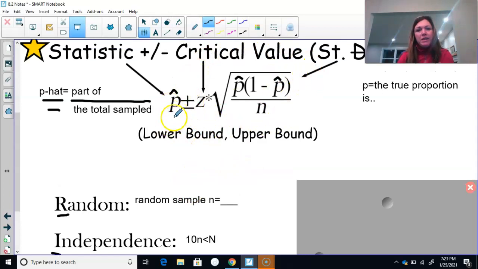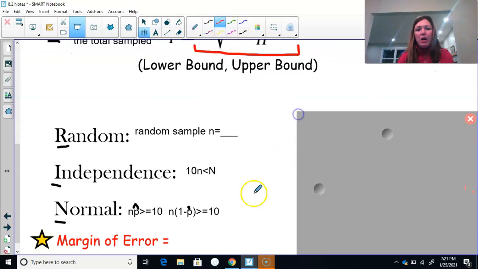We have our statistic. This right here, ladies and gentlemen, is our margin of error. Our margin of error is equal to z star times the standard error of the statistic, so the square root of p hat times 1 minus p hat over n.